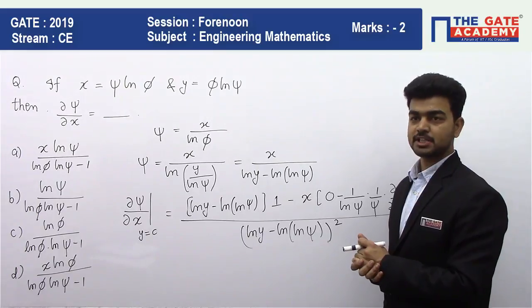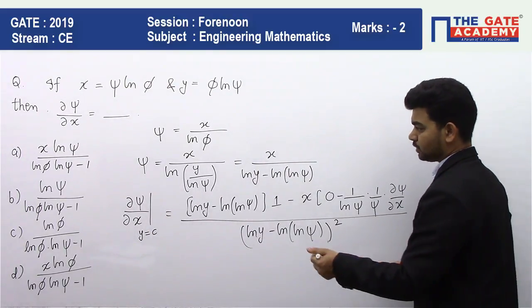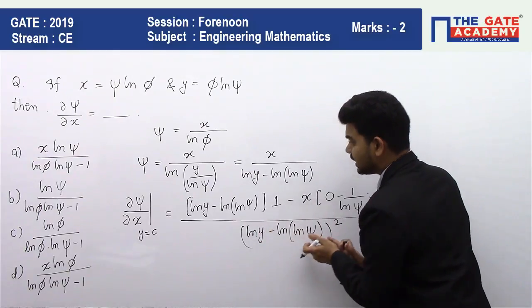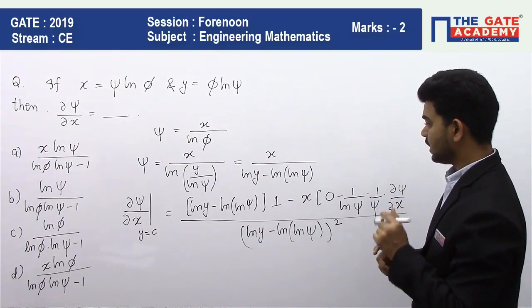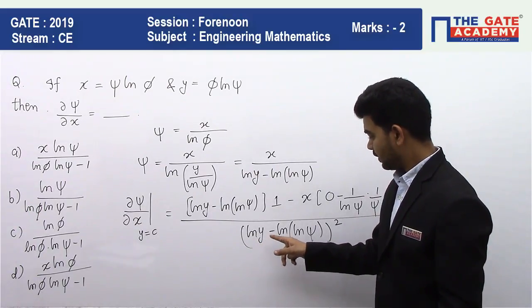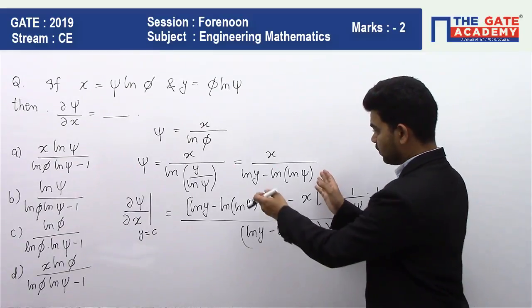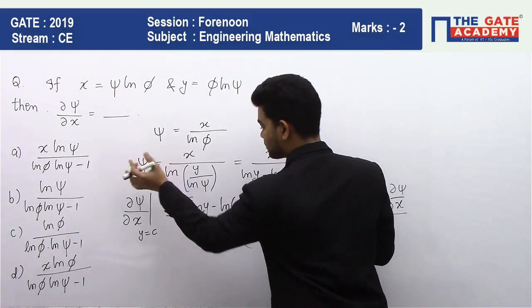So we got a big expression. We can simplify this expression by looking at the options. We know that ln y minus ln psi is nothing but x by psi.